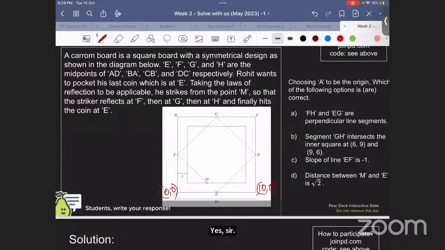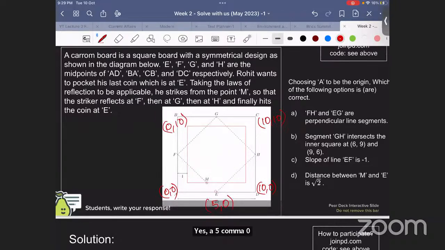Similarly, what is the coordinate of B? 0, 10. What is the coordinate for C? 10, 10. Where does the 10 come from? Similarly, you can calculate for E. What is the coordinate for E? 5, 0.